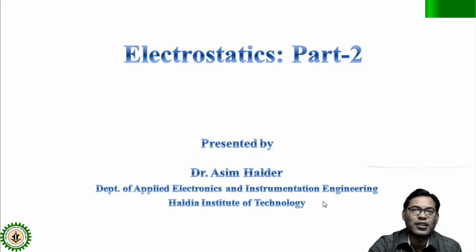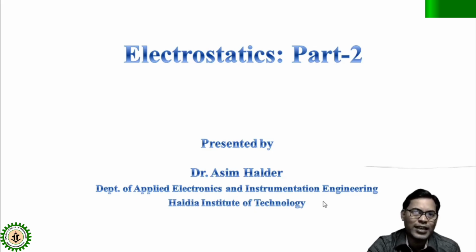In the last lecture, we have seen how to calculate the force on a particular charge due to another point charge. Also, we have seen the electric field intensity at a particular point due to the electric field produced by point charges.